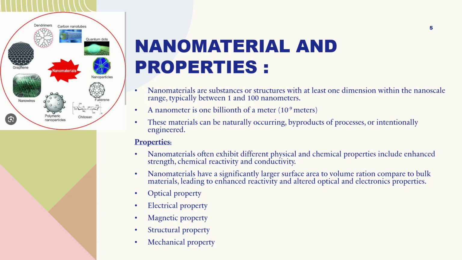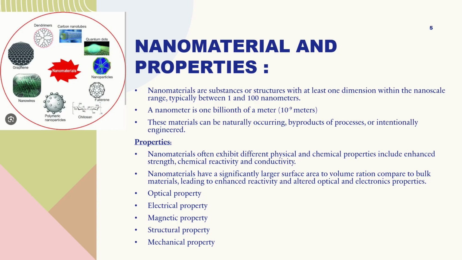Nanomaterials were first used in the 9th century for generating glitter effects on the surface of pots. Richard Simon first observed and measured the size of nanomaterials. He also used the term nanometer for characterizing the particle size.